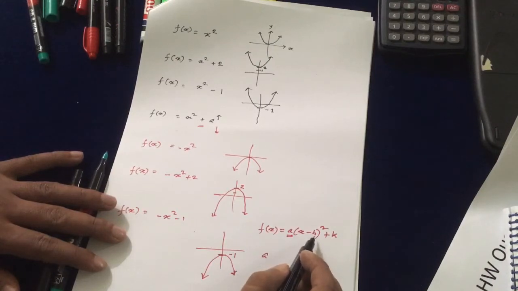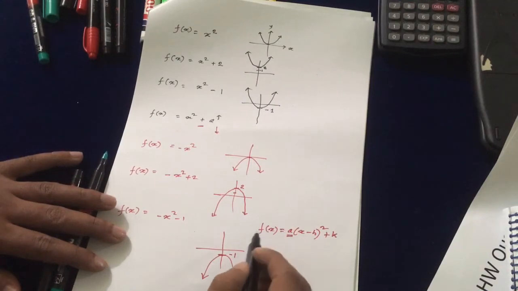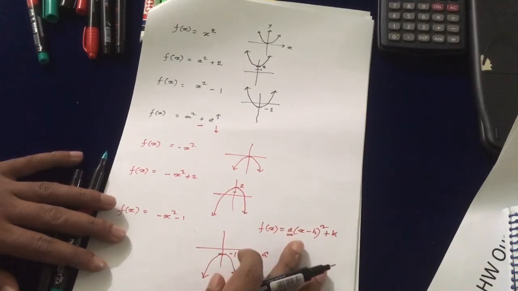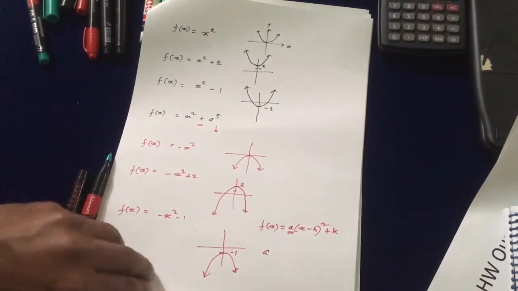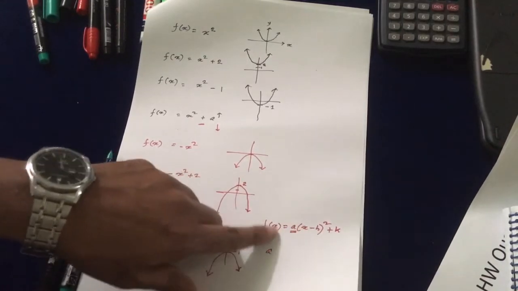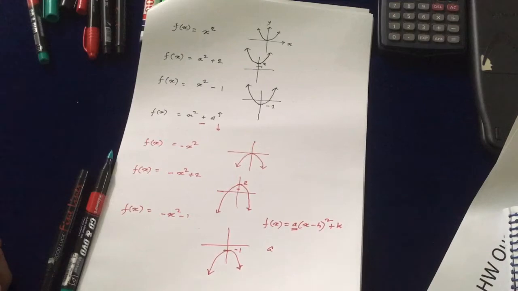Then for these numbers h and k, they are the vertex. Then if there is a minus here, then it gives reflection. We have to discuss this more and more, and everything happens for this equation. You will see it in the next page.